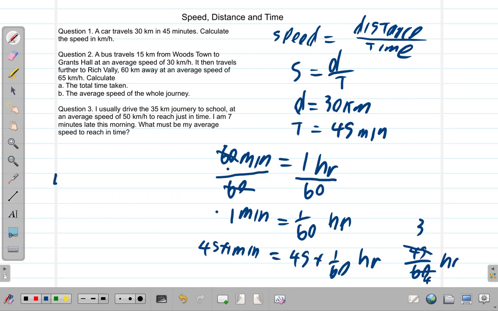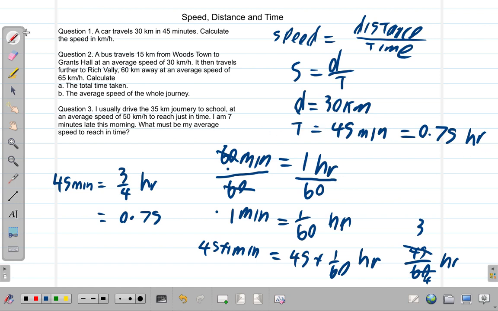So 45 minutes is the same as 3/4 hours. 3/4 as a decimal is 0.75. So the time is 0.75 hours.